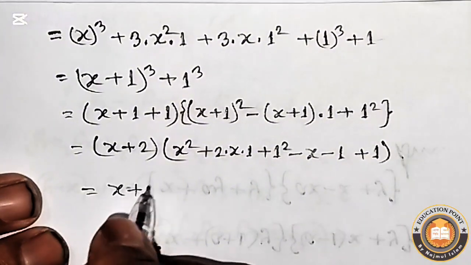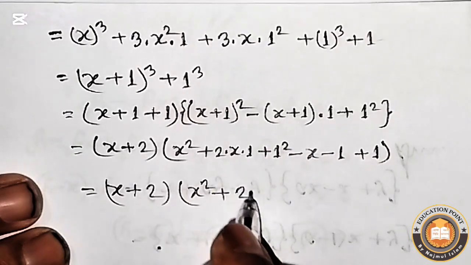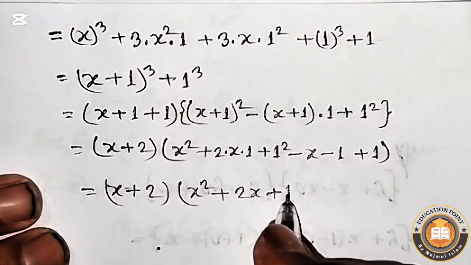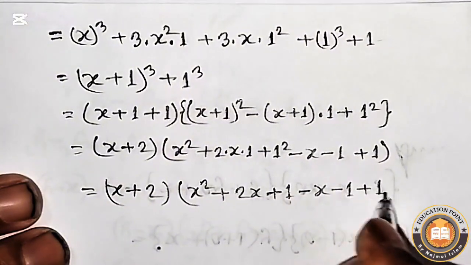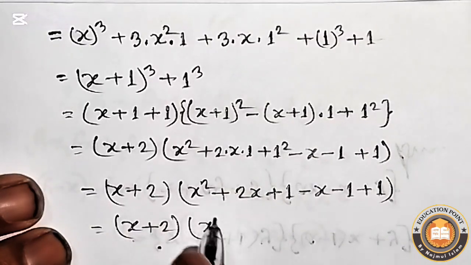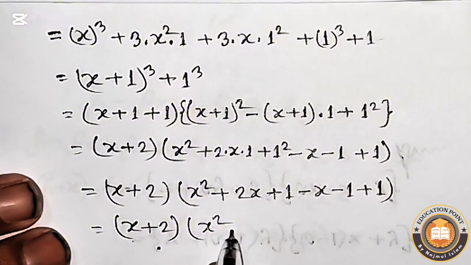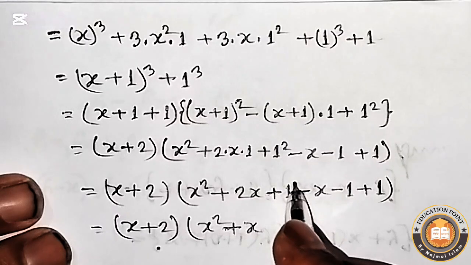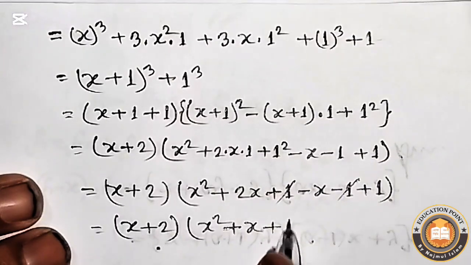Equal x plus 2 into x square plus 2x plus 1 minus x minus 1 plus 1. x plus 2 into x square, subtracting the values plus 2x and minus x equal plus x, plus 1 minus 1 equals 0, then plus 1.